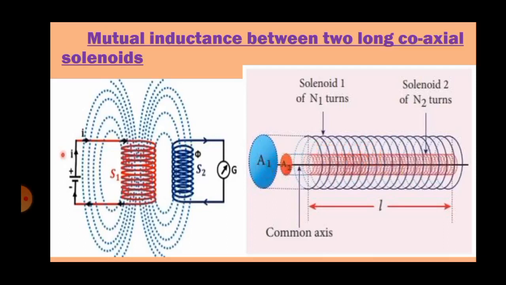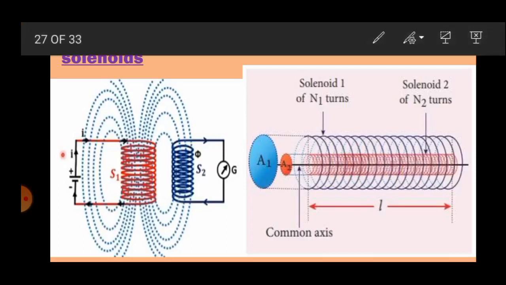Now let A1 and A2 be the areas of cross section, with A1 being greater than A2, because solenoid 1 has a greater area of cross section compared to solenoid 2.